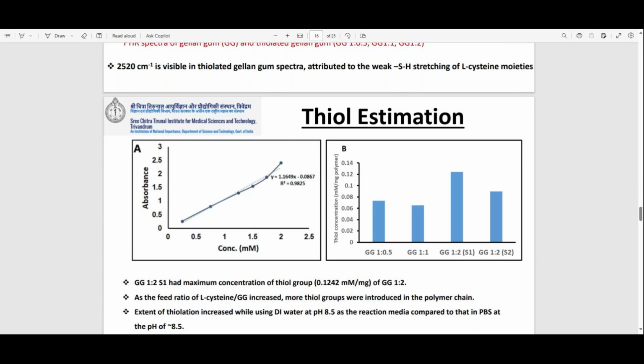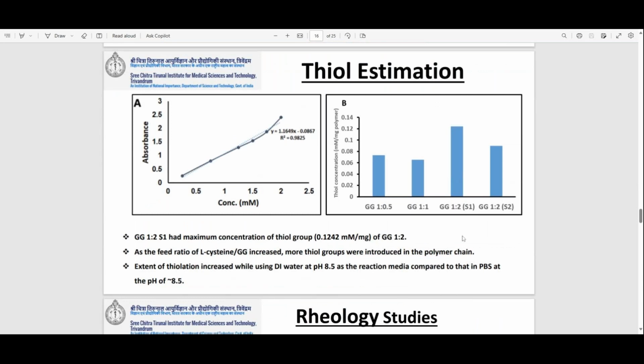And for 1 to 2, we used different mediums like PBS and water and at different pH, and we obtained that as the feed ratio increases, or if we use the higher ratio of L-cysteine to polymer, we have a high extent of thiolation, meaning a lot of thiol groups are introduced in the systems. We also noticed that when we did the reaction in water, the extent of thiolation was very high compared to PBS. It may be because of the salt concentration, there may be a lot of interference for the reaction.